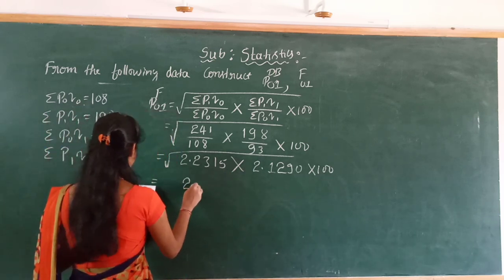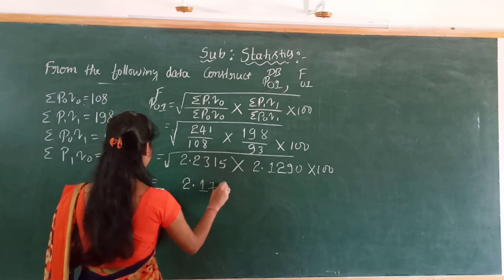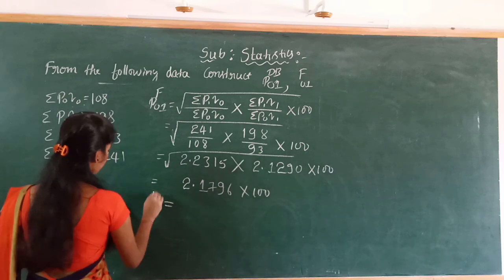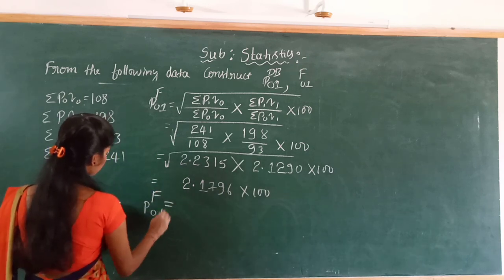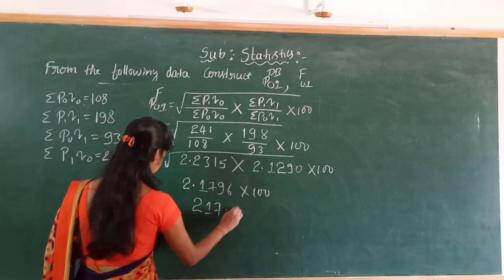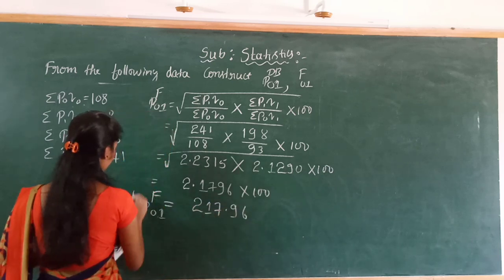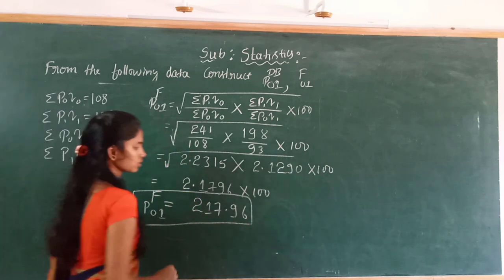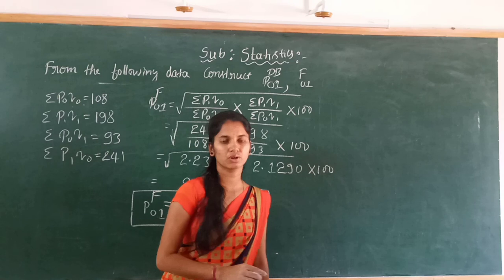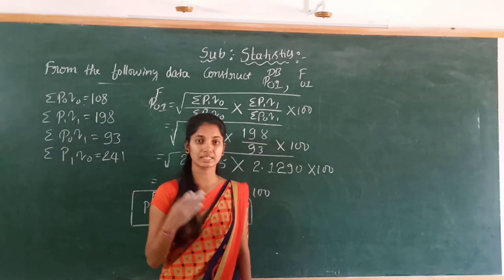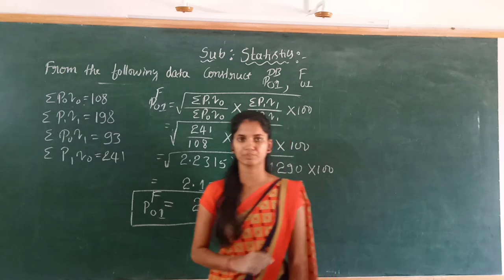So the value is 12.1796 into 100. So the final answer for Fisher's price index number is 217.96. This is how to calculate it. If the total expenditures are given, you have to consider the P0 Q0 or P1 Q1 value, and identify whether it is based on the current bill. Okay, thank you.